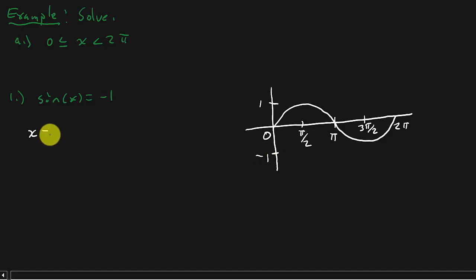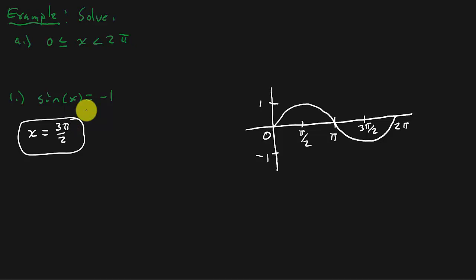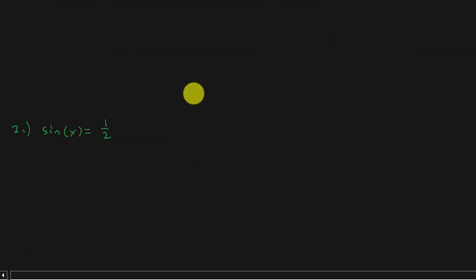So x is equal to, well, where is it -1? Right here at 3 pi over 2. Is it -1 anywhere else? No. There's your answer. I hope this is helping. And remember, 3 pi over 2 is the same thing as 270 degrees. Let's go to the next one.